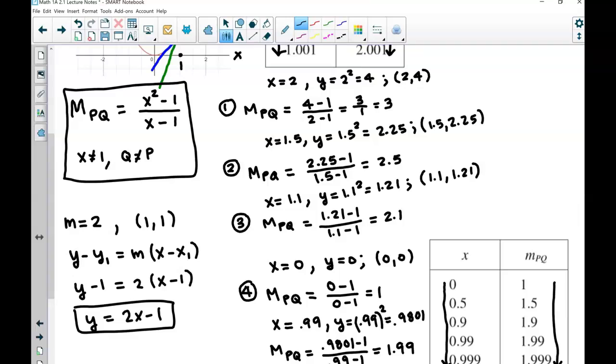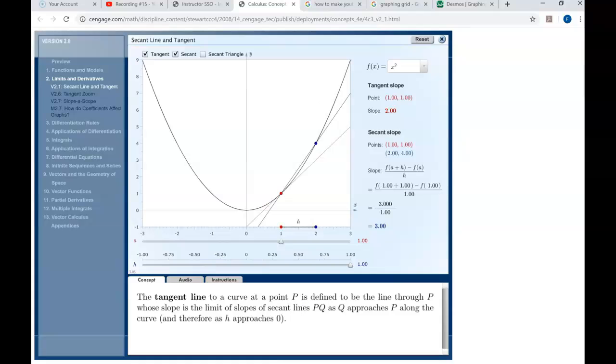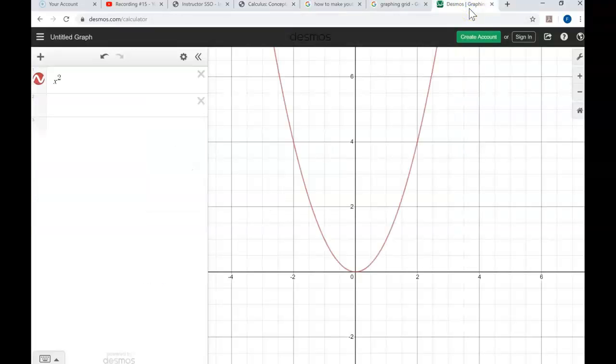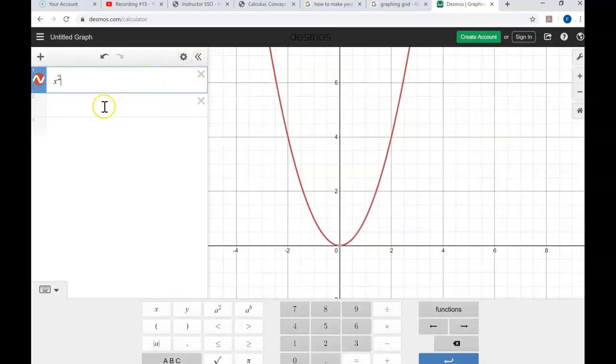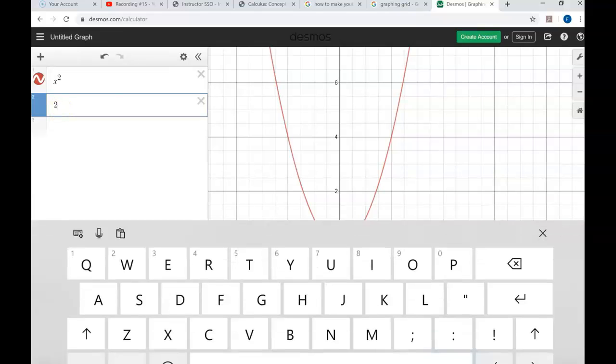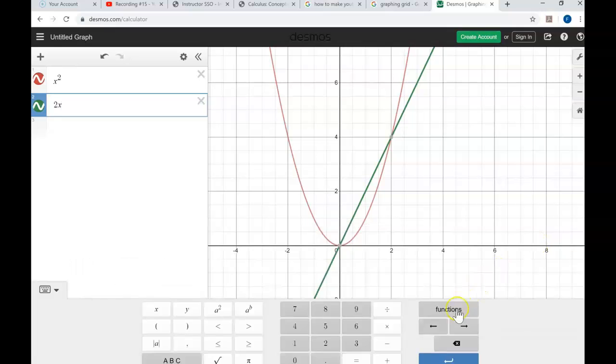So let's take a look at Desmos here. This is the equation 2x minus 1. And so what I've done is I've graphed the parabola x squared. And what we want to do is see what happens when we graph 2x minus 1.